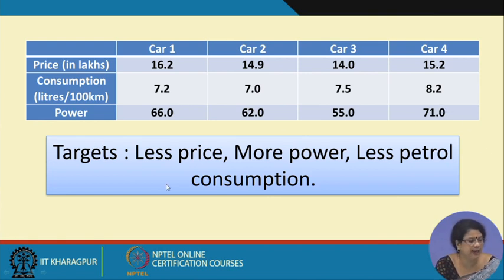If we target less price, more power and less petrol consumption, that is, more mileage, in that case if I ask you which car should be selected, with this dominance structure, try it out. Think about it the way I have said and summarize which car will be the best for us.